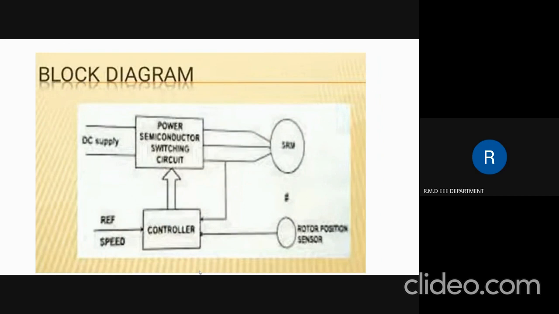This controller collects this information and also the reference speed signal, and suitably turns on and off the power semiconductor switches of the switching circuit such that the desired phase winding is connected to DC supply. The current signal is also fed back to the control circuit to limit the motor current within the permissible limits.